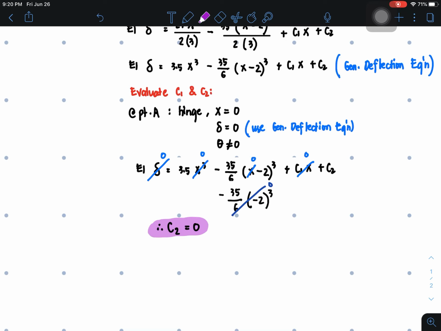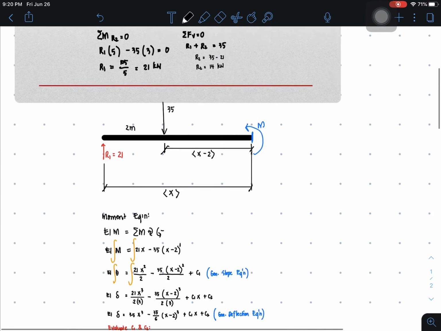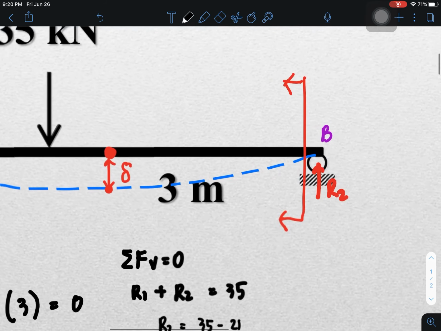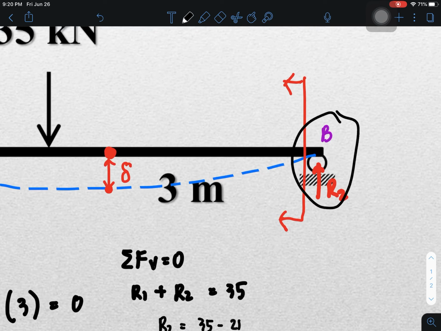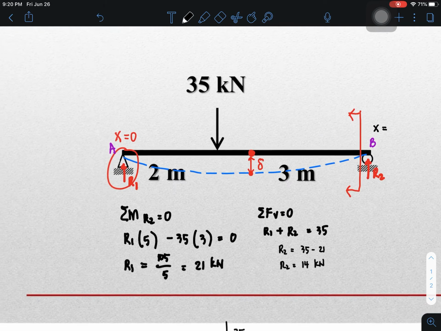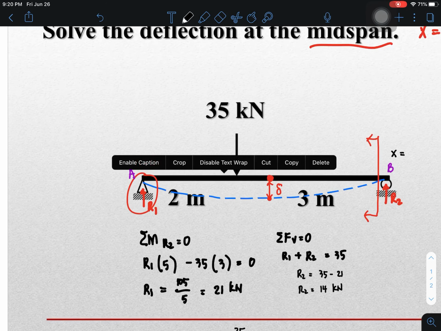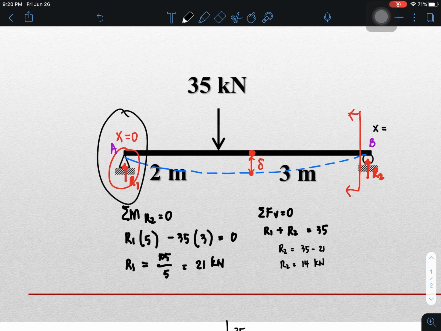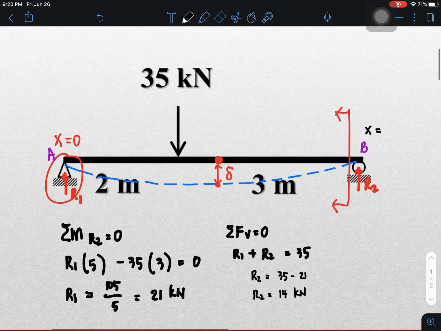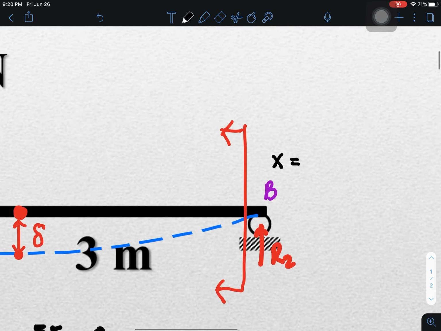We're done with the hinge. The next support to look at is at point B. At point B, x is equal to how much? From the left to here, what is the distance of our x? The distance of our x is the length of the beam, which is 5 meters.